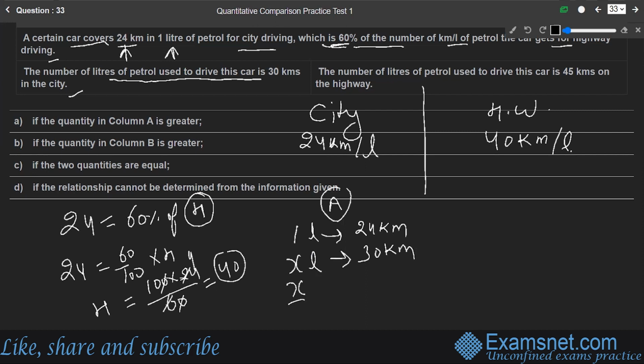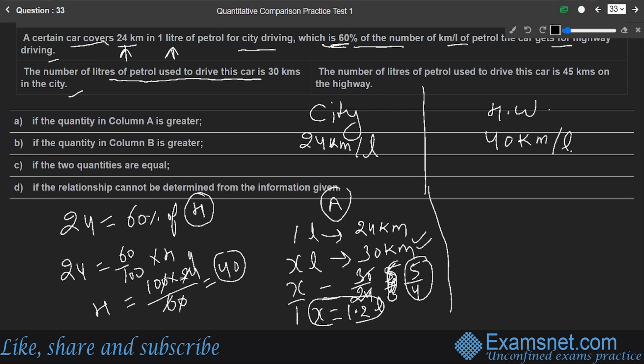X by 1 in terms of petrol is actually 30 by 24, which gives the X value as 24 by 30, nothing but 6 by 5. 6 5s are 30 and 6 4s are 24, so it is 5 by 4, and the 5 by 4 value is actually 1.2. So 1.2 liters of petrol will be consumed while driving for 30 kilometers in the city.